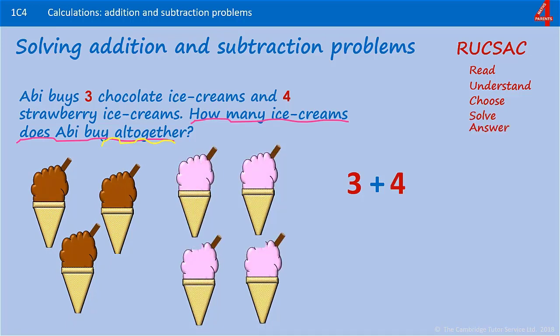For these one-step problems, I've put solve and answer together because once you've solved the calculation, you've answered the question. 1, 2, 3, 4, 5, 6, 7. That's 7 ice creams. And just check that we have used the right operation and that we do have 7 when we add them together.